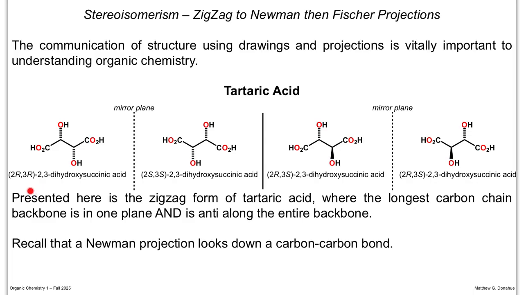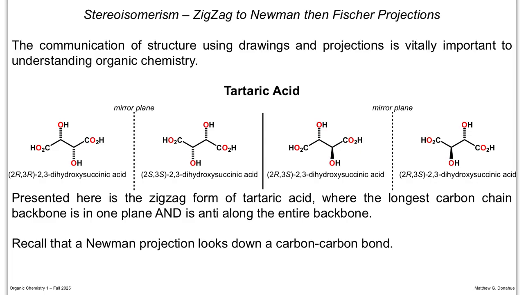So we have 2R, 3R, and then as it's drawn, the 2S, 3S. Those are enantiomer mirror images. Notice the carbon backbone is anti, and the projections of the hydroxyl groups are drawn in both towards the back.